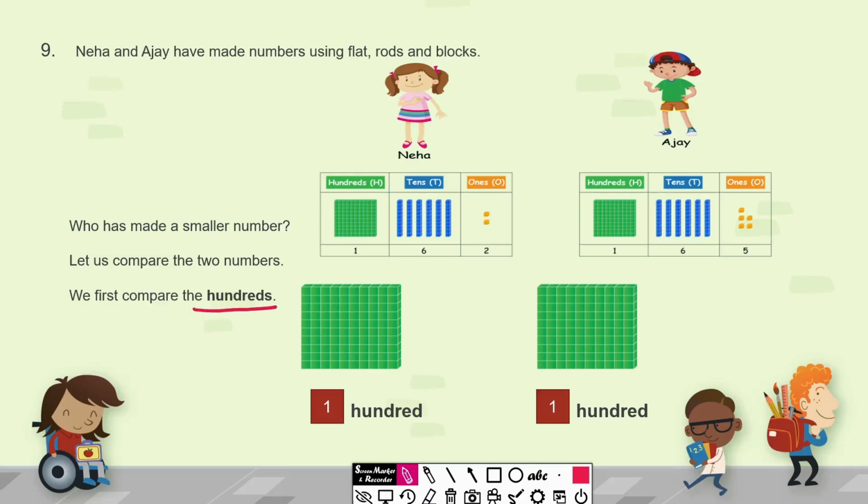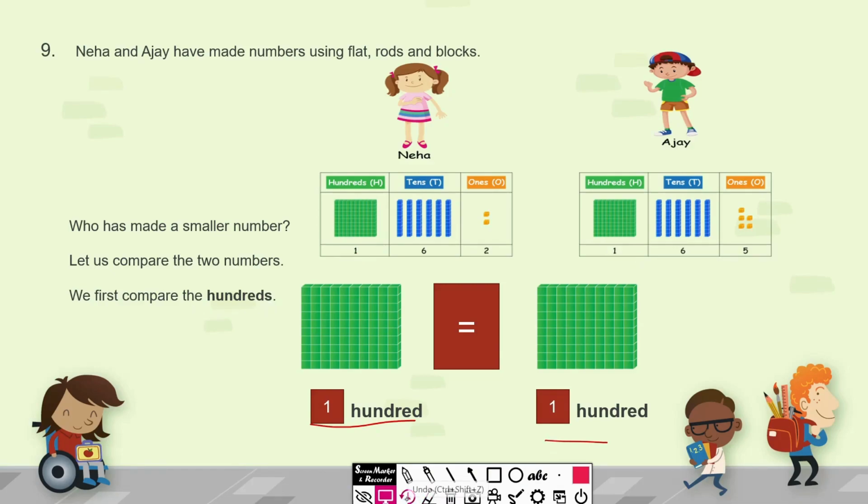Neha's number has 1 flat and Ajay's number has also 1 flat. So both numbers have 100 only. So 100 is equal to 100, right?